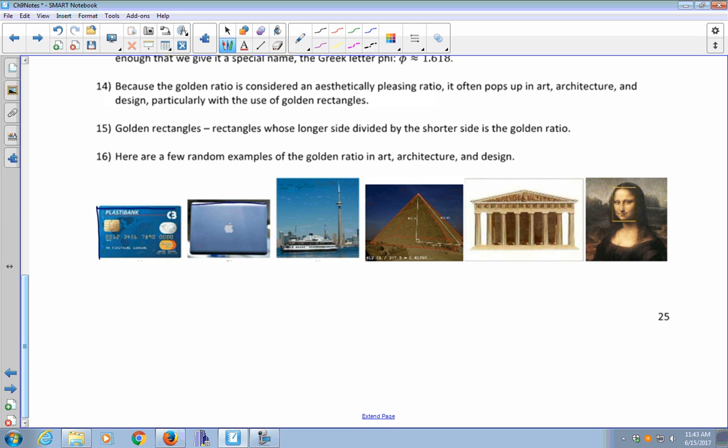Same thing with your Apple laptop. The Space Needle, think of that as a line divided in the most aesthetically pleasing way, right? So the short piece to the medium piece is the same proportion as the medium piece to the whole needle. We find the golden ratio in the ancient pyramids and in the Parthenon and in a lot of Leonardo da Vinci's work.